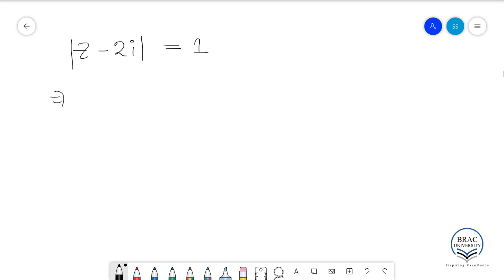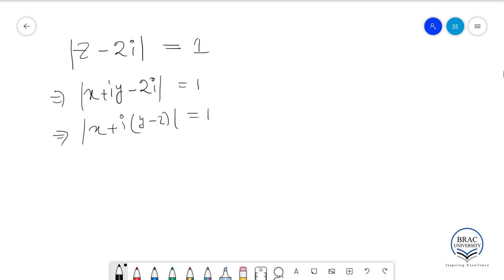So again I will start as before, x plus iy minus 2i modulus is equal to 1, and this time we have to take i common, and I can write it as x plus i times y minus 2, right, is equal to 1.